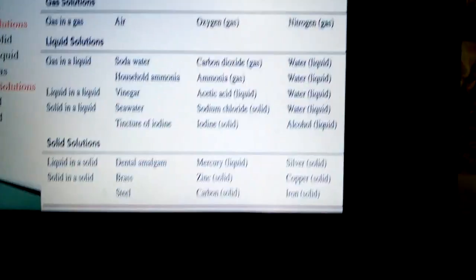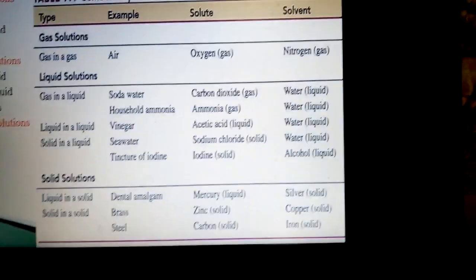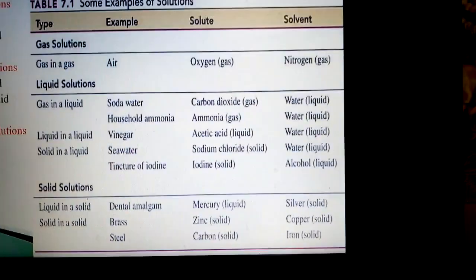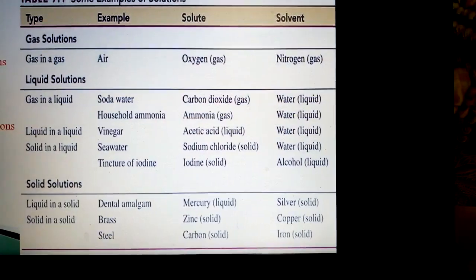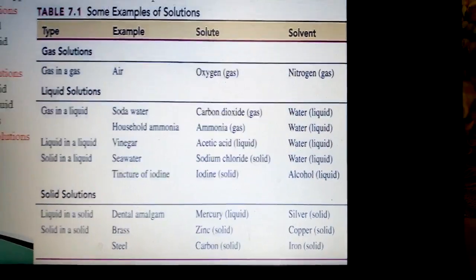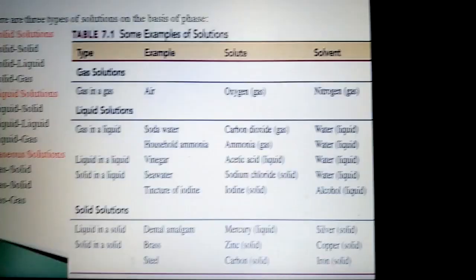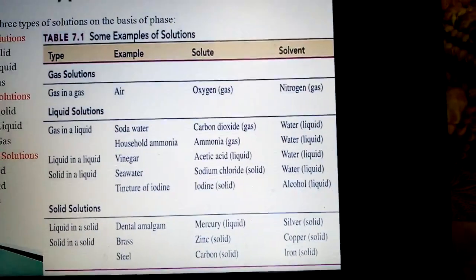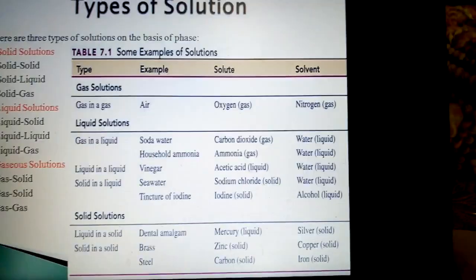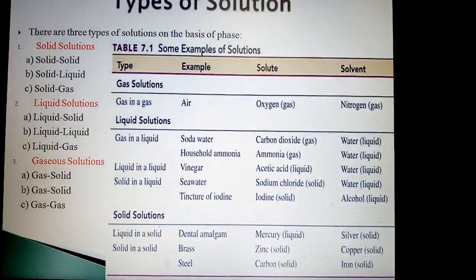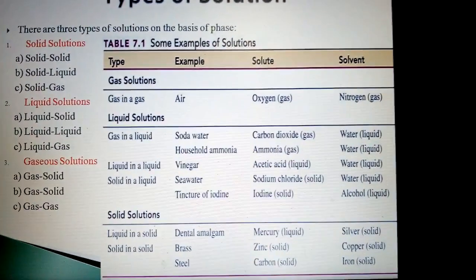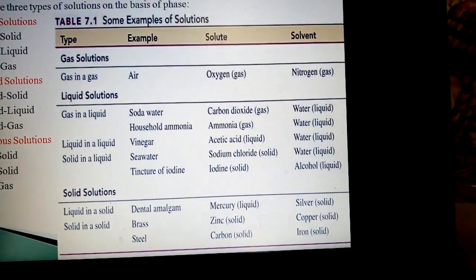But the basic thing for a solution is the presence of solute in smaller quantity and solvent in larger quantity, so they serve as a solution, whether they are in the solid state or the liquid state.